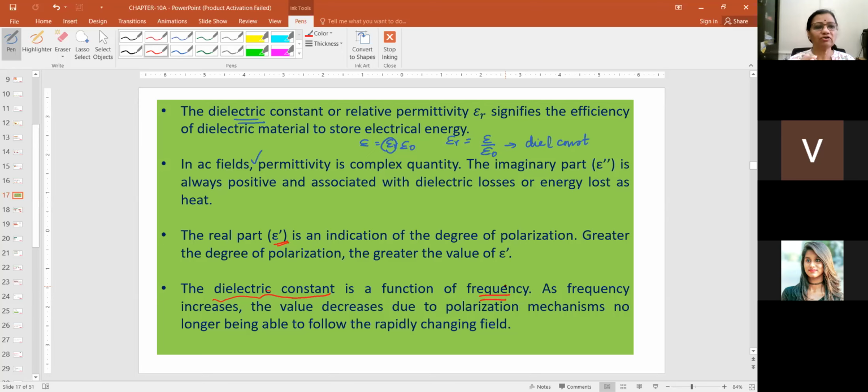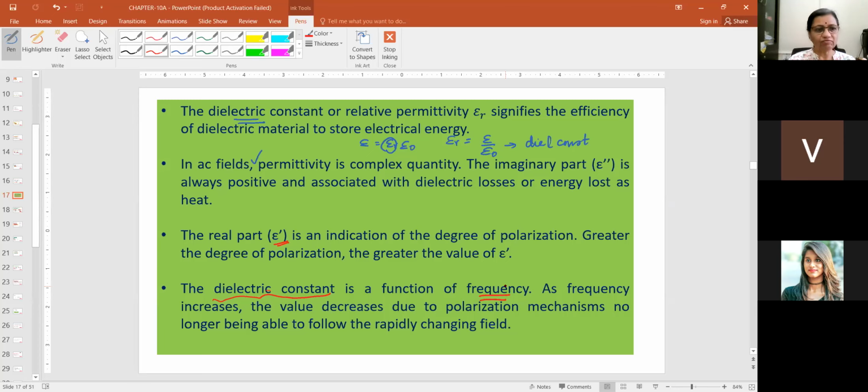So the dielectric constant has something to do with frequency, and the real part is not able to keep pace with high frequency. If you see how the dielectric constant changes with frequency, initially it will increase, and then after a certain frequency it starts decreasing.